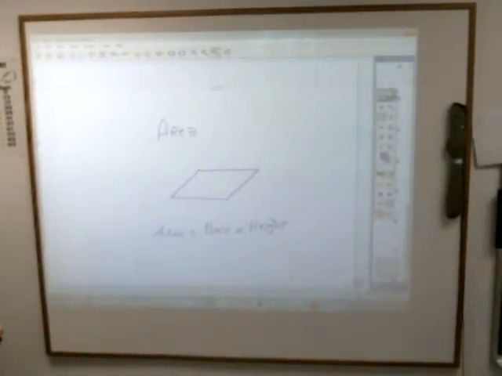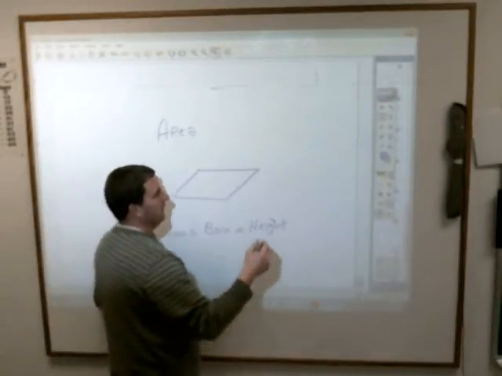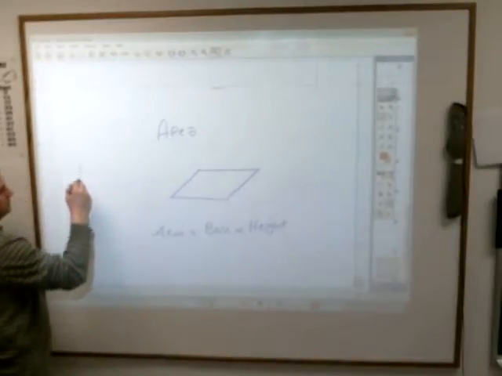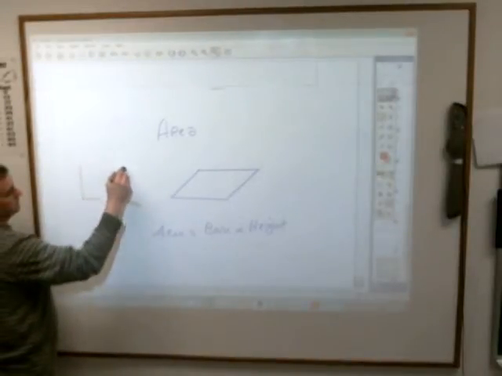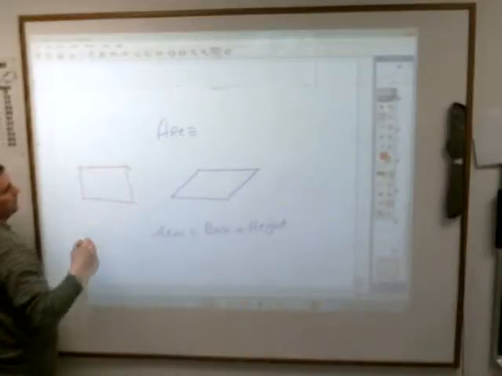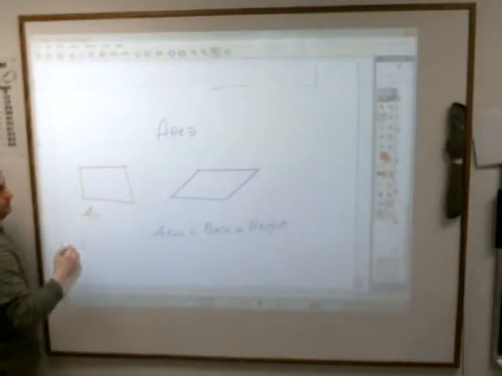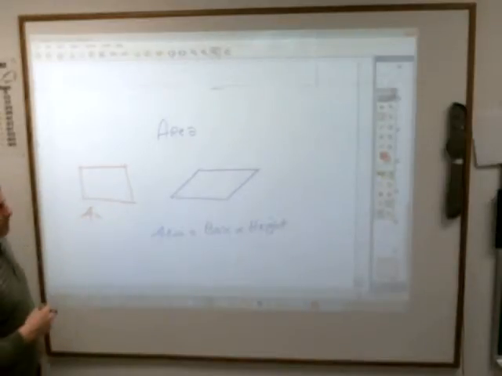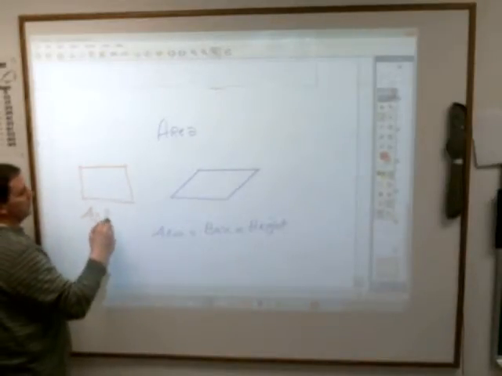The base of the shape times its height. Now, pay special attention. When we do rectangles, what is the formula for the area of a rectangle? What do we use for the area formula? Eli? Length times width.